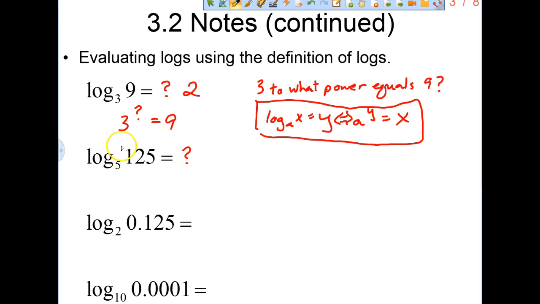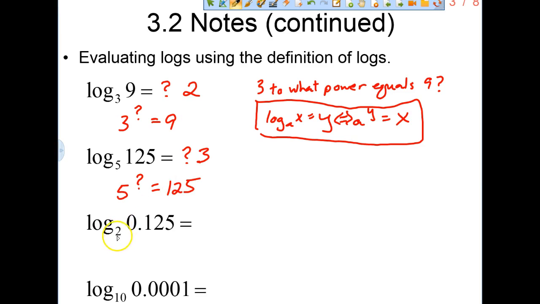So how do we figure this out? We say 5 to what power equals 125? And so, of course, then we think, well, 5 times 5 is 25, and 25 times another 5 is 125. And so that would mean 5 cubed is 125, so we get 3. Remember, we ask ourselves, 5 to what power equals 125?